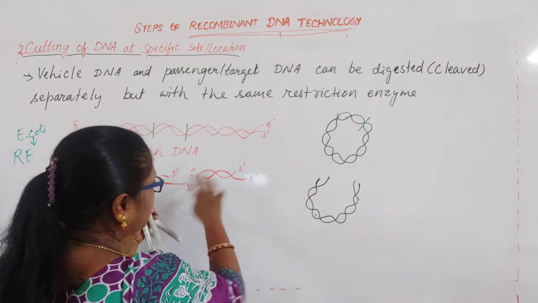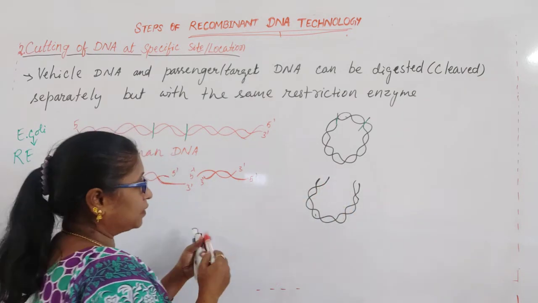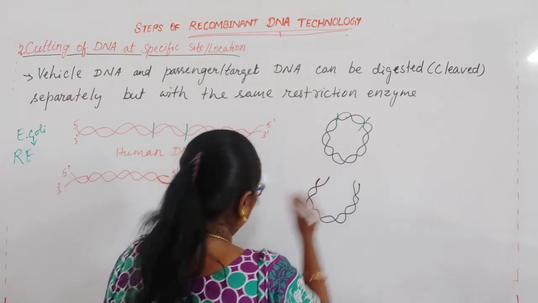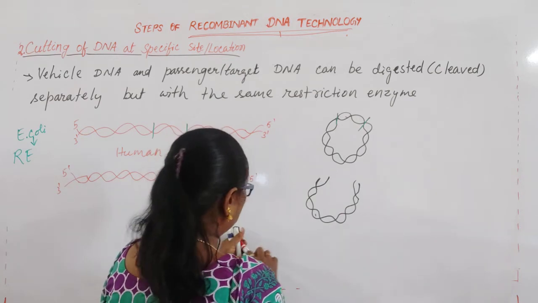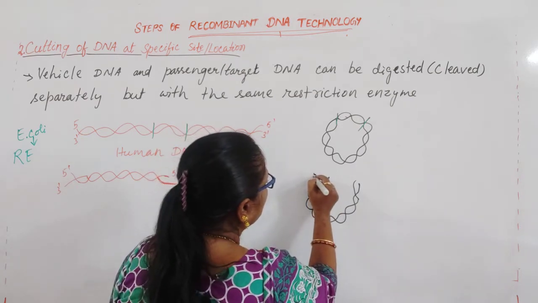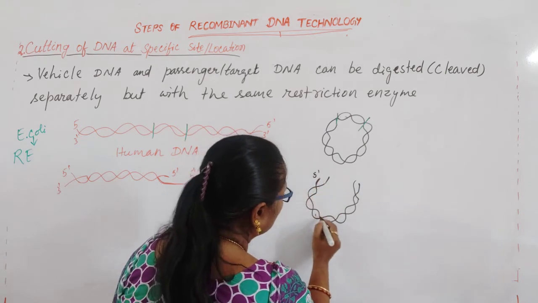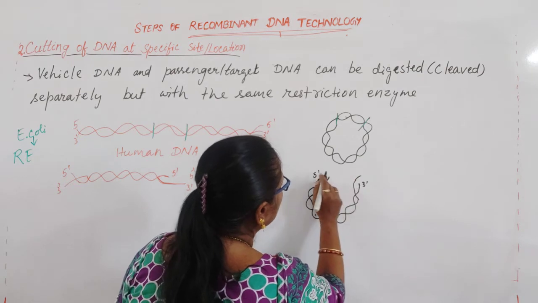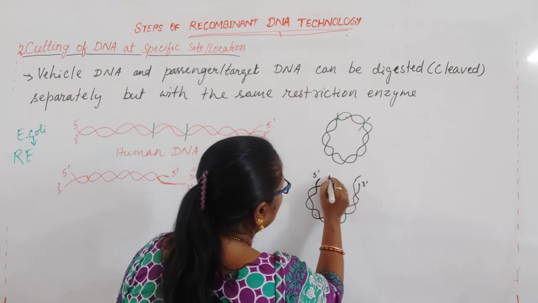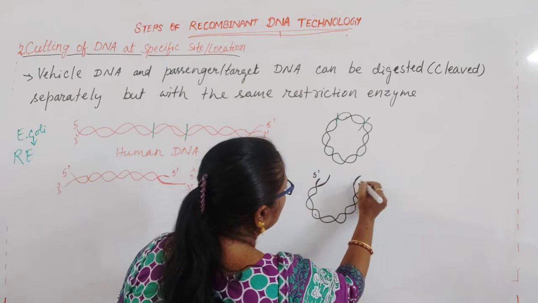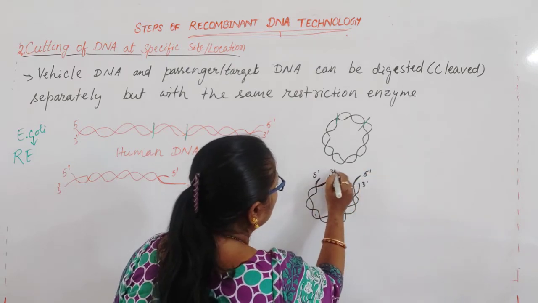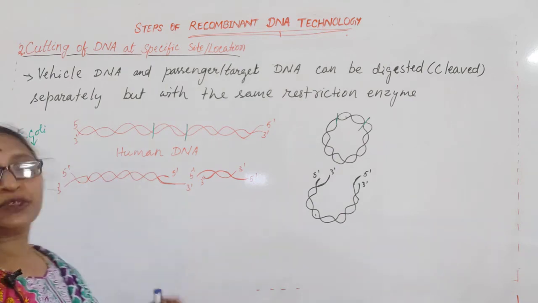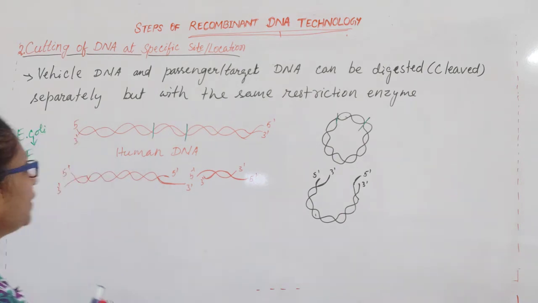So now this can be recombined. If one is 5 prime to 3 prime, then the other is like this.